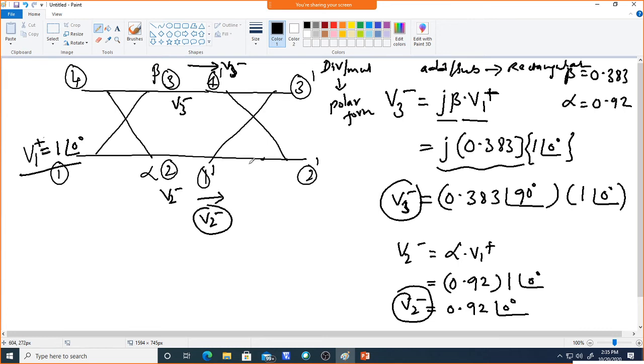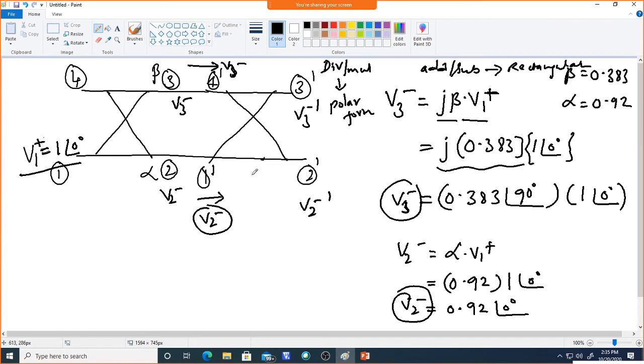Now with respect to this input we have to find out the reflection coefficient. So we need to find V3 minus dash and V2 minus dash, which is the final output.